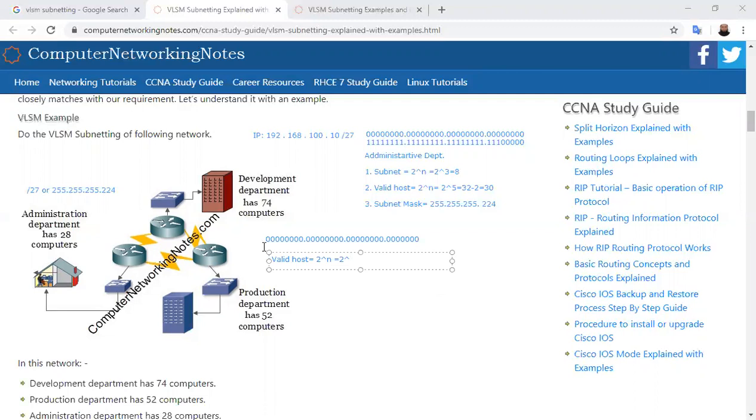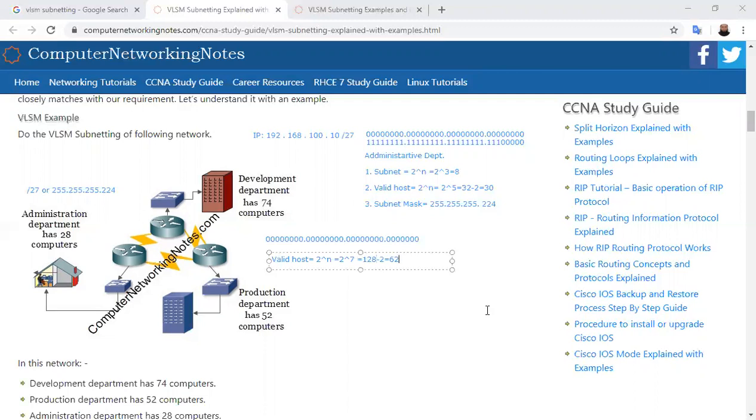If we put 2 power 6, it will be 64. It will not cover this number, 74. If we put 6 here, it will be 64 minus 2, that means 62, so it doesn't cover this number. So we have to change our zeros. If we put 7, it will be 128.